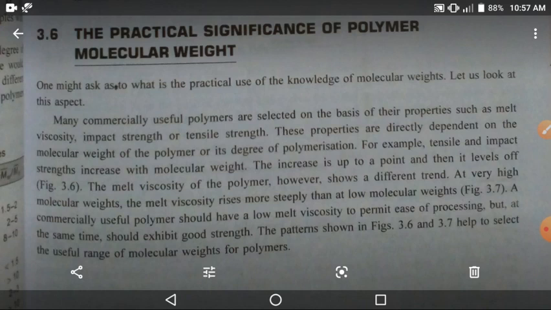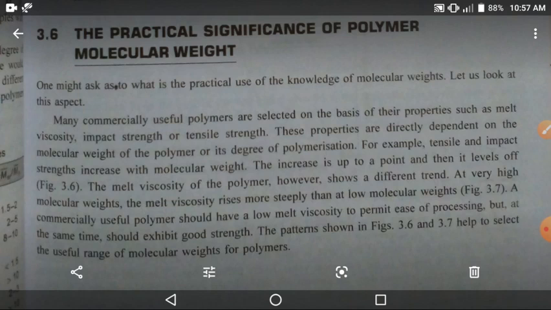In the earlier examples we saw the average molecular weight and number average molecular weight, with simple equations for the calculation part. Now, for example, as tensile and impact strength increase, the molecular weight also increases. The increase is up to a point and then it levels off.